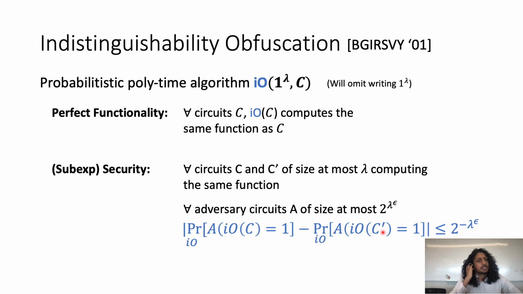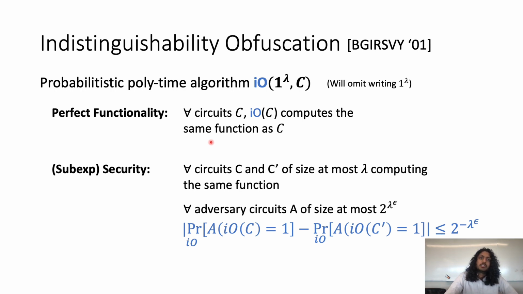So if you have two circuits that compute the same function, their obfuscations are going to be basically indistinguishable up to some very small probability. It might not be clear a priori why this security guarantee is all that strong, because you're only saying that if you have two circuits that compute the same function, you can't tell. It's not clear how you do interesting things with this, but don't worry about that so much for now.